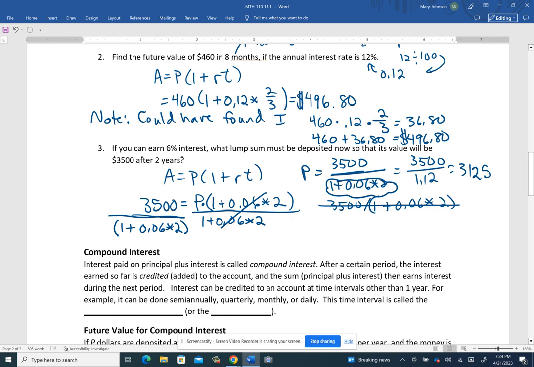So the answer to the question is, I would have to deposit $3,125 today in an account that paid 6% interest. I'd have to leave it there for 2 years in order to have $3,500 at the end of those 2 years.